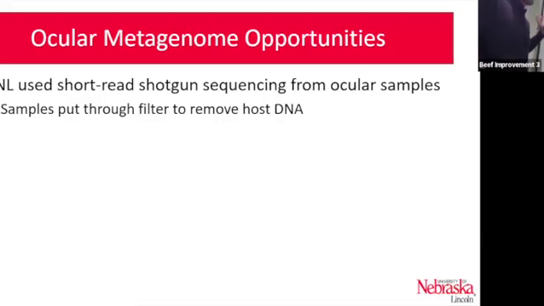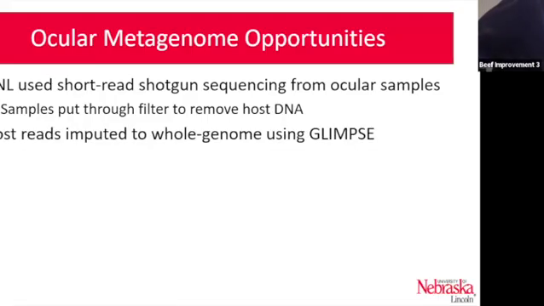Now, I put this in here because I think it's an important point that those samples were put through a physical filter to remove host DNA, because she was getting so frustrated at how much host DNA was in those samples that she had to put a physical barrier in place to try to get rid of it. Worked out pretty well for us though, for reasons I'll show you in a second.